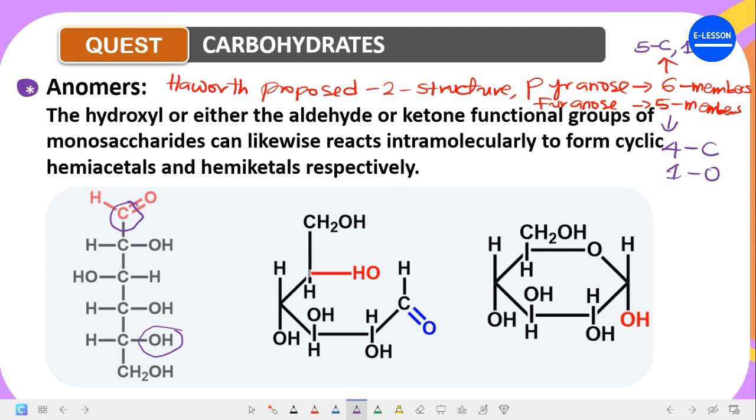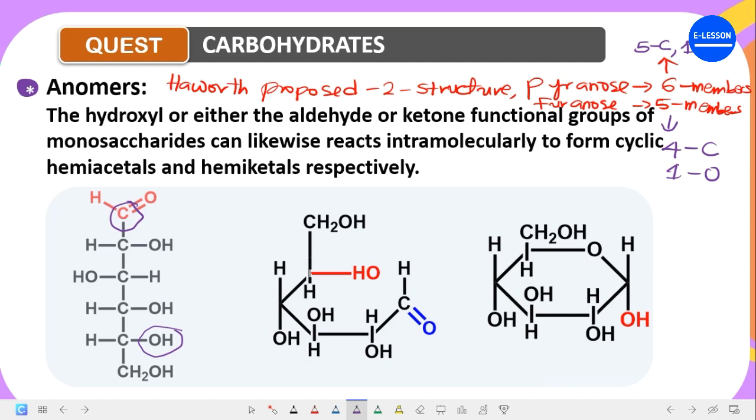Pyranose. And for the 5-membered ring, you call it Furanose. So when intramolecularly the aldehyde group and the alcohol group of a monosaccharide form an intramolecular condensation reaction, they form a Pyranose or a Furanose.